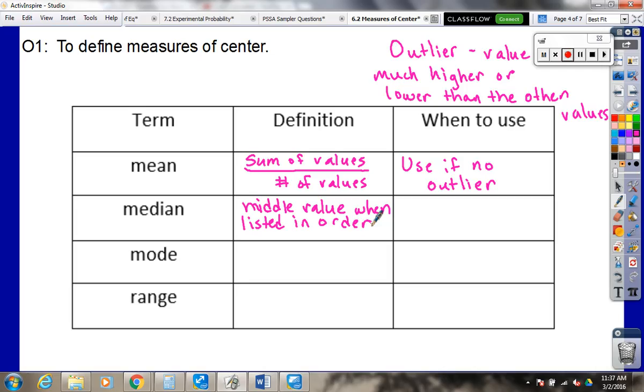Good, you would find the mean of the 2 numbers. So let's list that here. If 2, find the mean of those. Now the median is useful if there is an outlier. The median is not changed as much by an outlier as the mean. So if you have an outlier, you want to use the median.